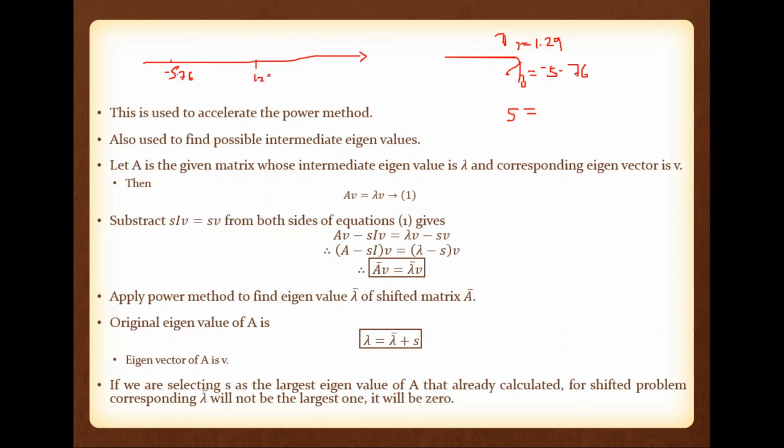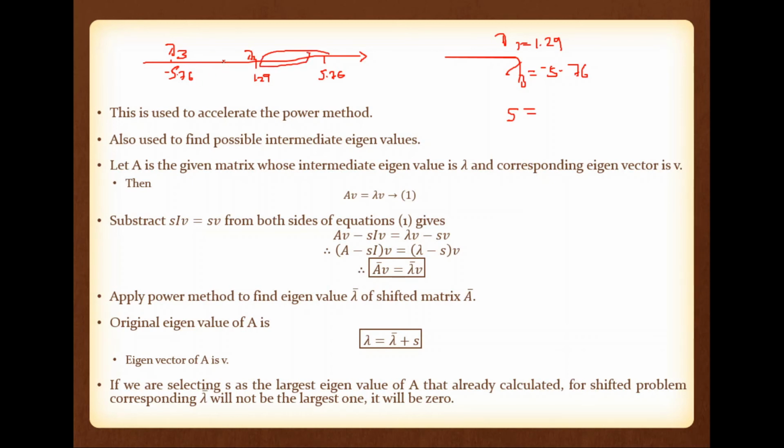What is the possible position of lambda 1? So this is lambda 3. This is lambda 2. What will be the position of lambda 1? It may be between 1.29 and 5.76, somewhere in this range.